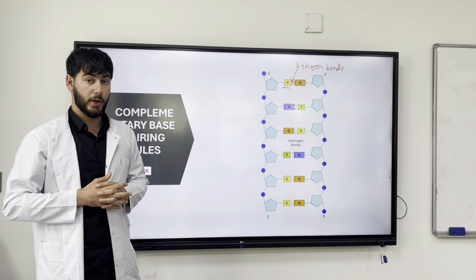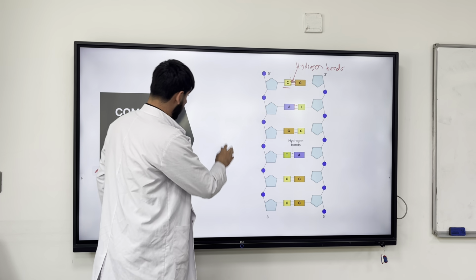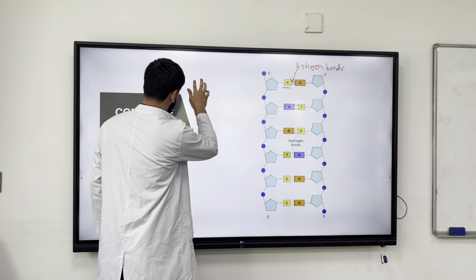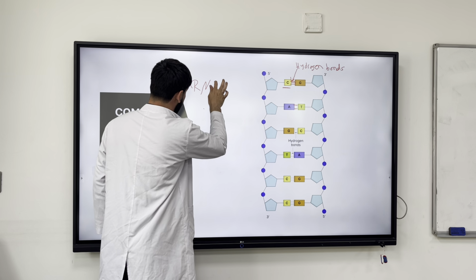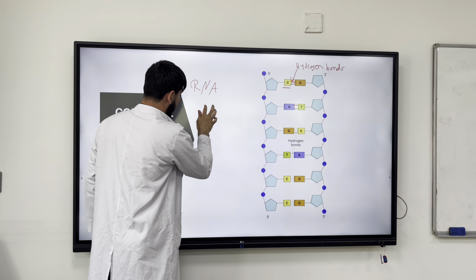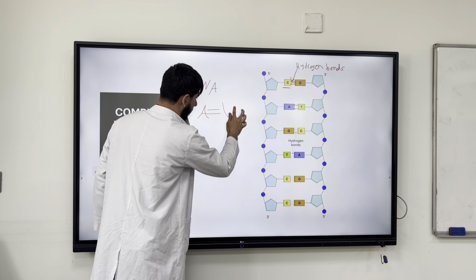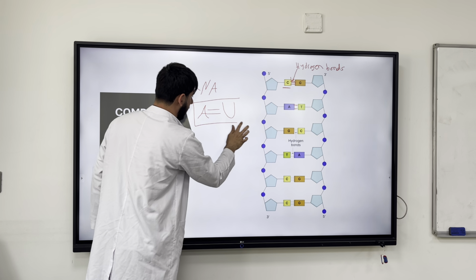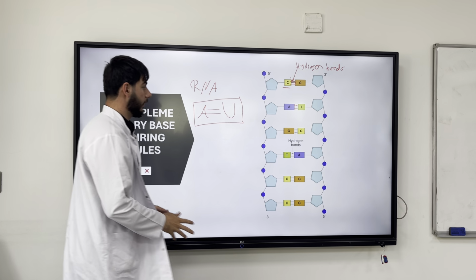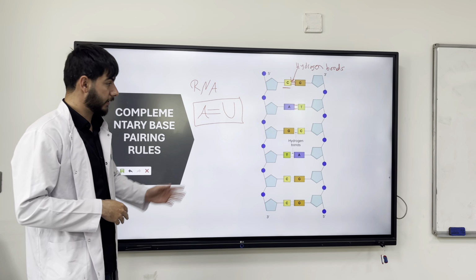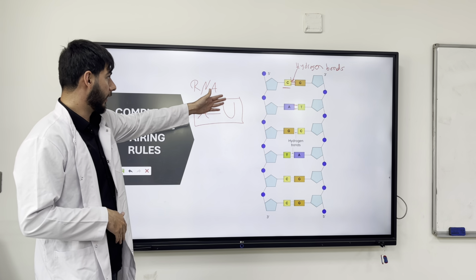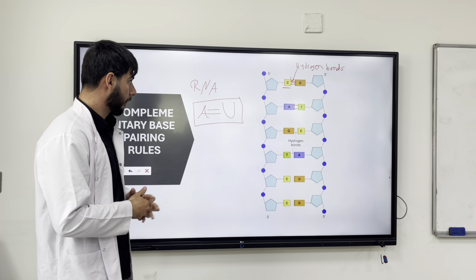As I mentioned, in RNA, instead of thymine, you have uracil. This is so important for the ministry question. Every time you have a question about this, instead of thymine, what you have in RNA is uracil.